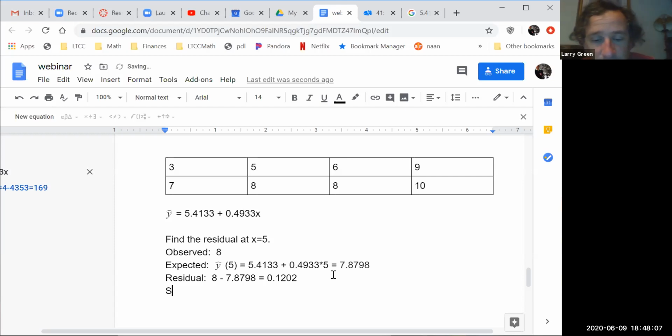By the way, what's the slope of the regression line? The hint is it's easy. Yeah, 0.4933. And what's the y-intercept?